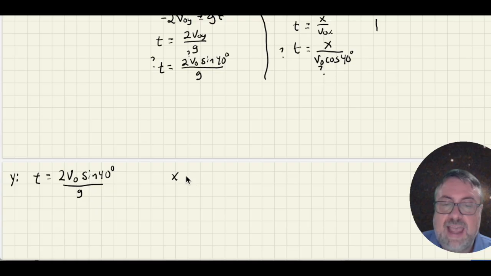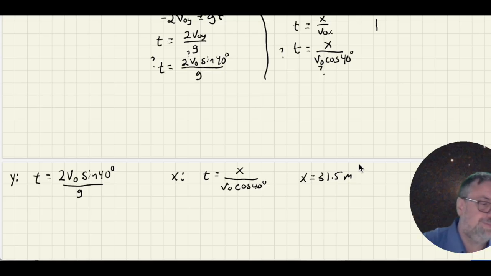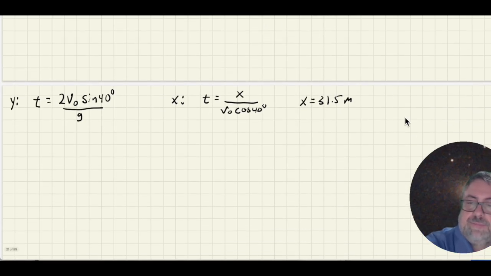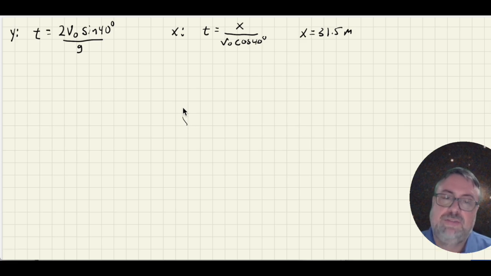And I know in the x direction, I got that time was equal to the distance x divided by v naught times cosine of 40 degrees. And I know that x was equal to 31.5 meters. And for good measure, I'll remind ourselves that g is equal to 9.81 meters per second squared.